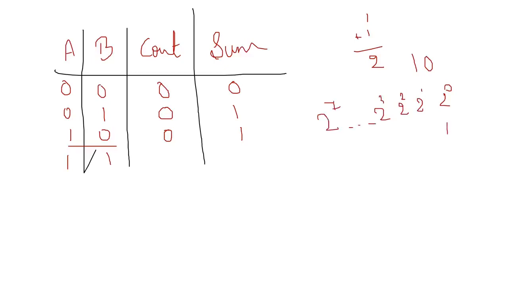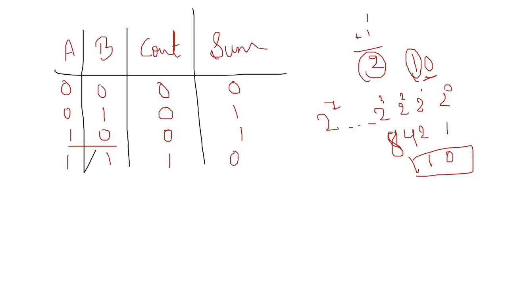So 2 to the power 0 is 1, 2 to the power 1 is 2, 2 square is 4, 2 cube is 8. Here we have 2, so it is 1 and it is 0. So this is the binary representation of 2. So we will give 1 as carry and we'll write sum as 0 in half adder. Usually we'll do this in half adder and full adder. So the sum is 0, carry out is 1.